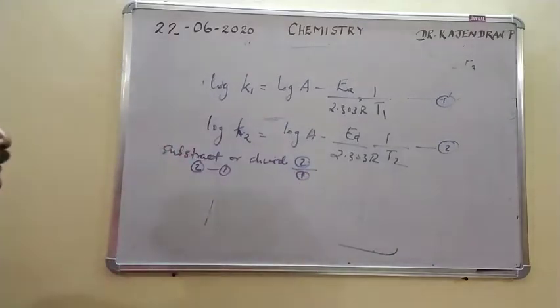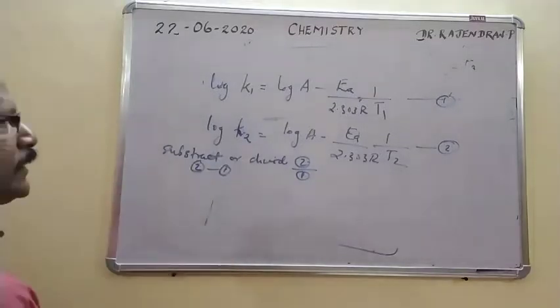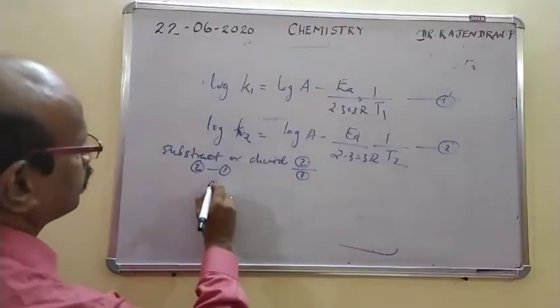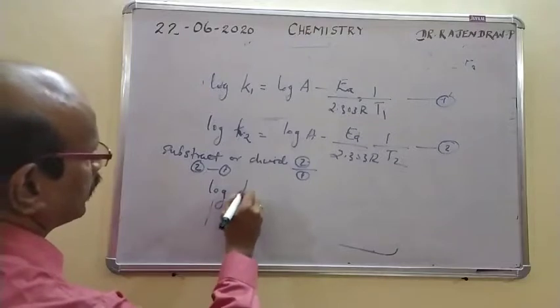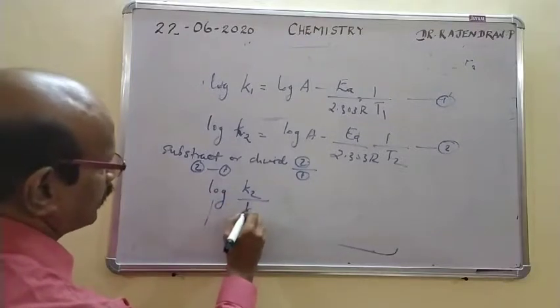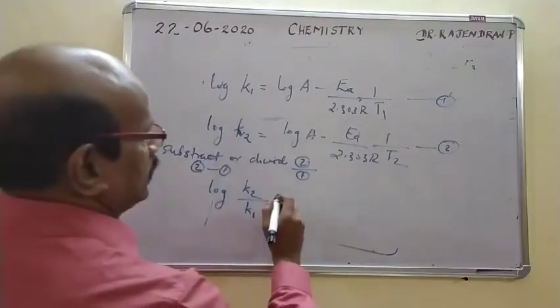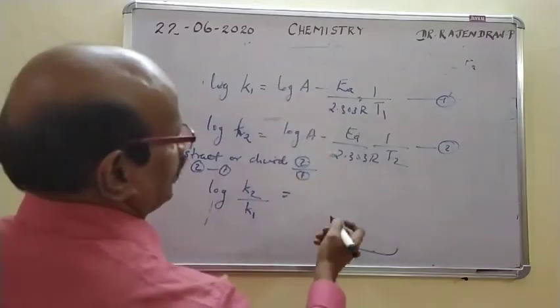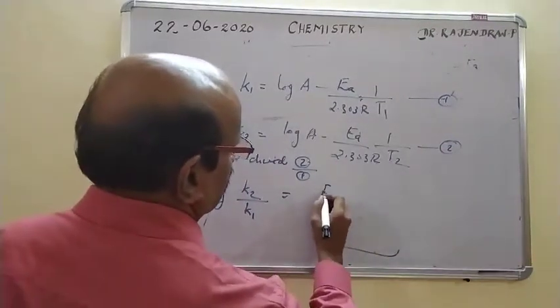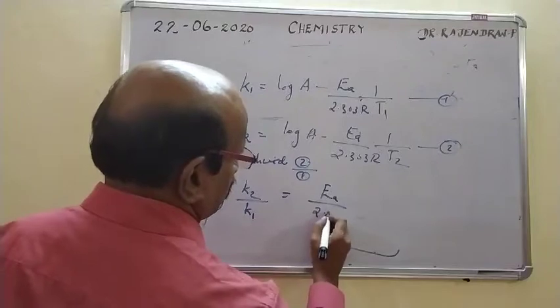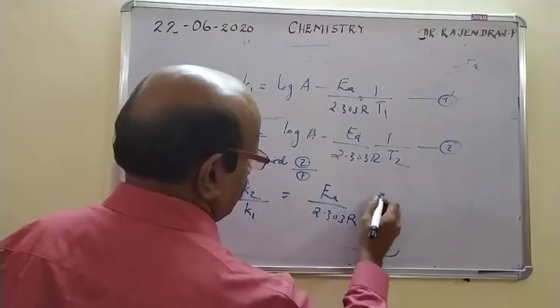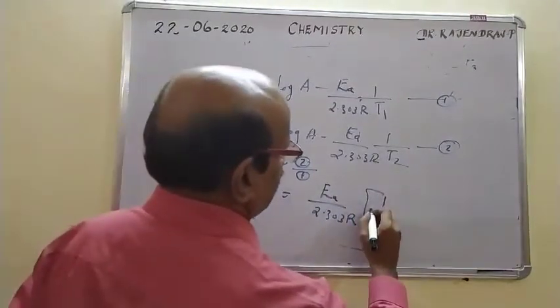Then we get log K2 by K1. The log A terms get cancelled. We have EA by 2.303 R as a common factor into 1 by T2.